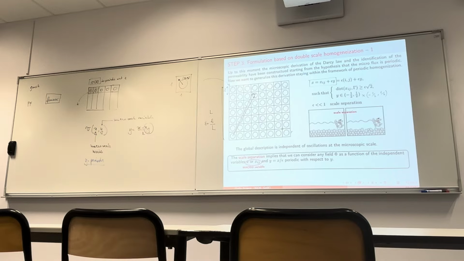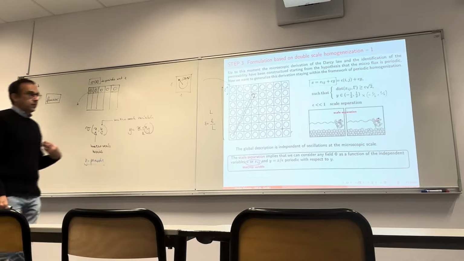One is the variability of the velocity on the macroscopic scale, so the large scale variation of the velocity, and the other one is oscillations within the cell. Okay, and we can superpose these two variations, considering the two variables, because in fact one is not affecting directly the other, because of scale separation. This is a hypothesis, and it's a starting point.